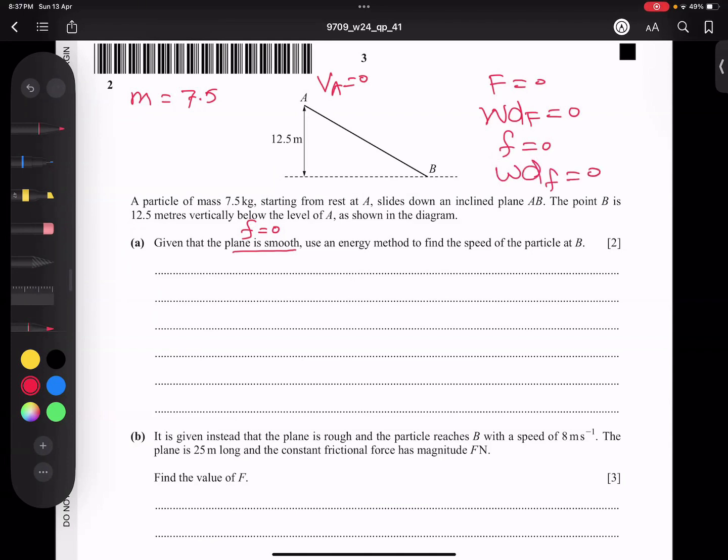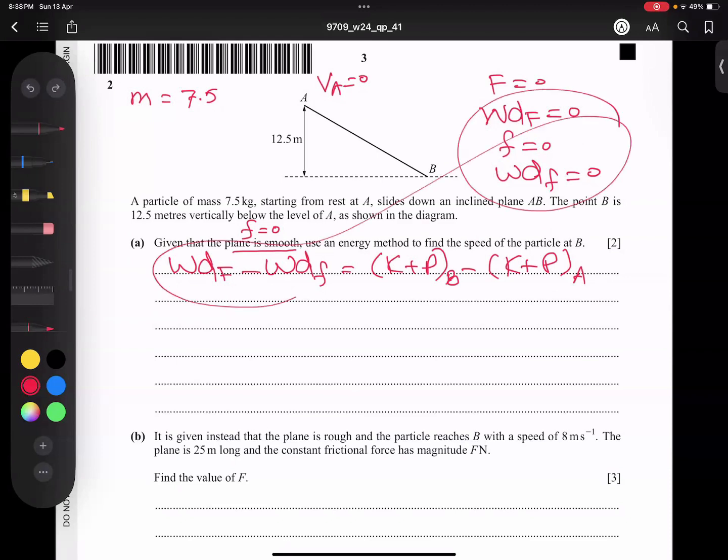For these kinds of questions we use a special formula, which I normally call the magic formula: work done by applied force plus work done by frictional force equals kinetic energy plus potential energy at the end, because the particle is coming downwards and the end point is B, minus kinetic energy plus potential energy at the starting point A. But as you know, both of these values are 0.